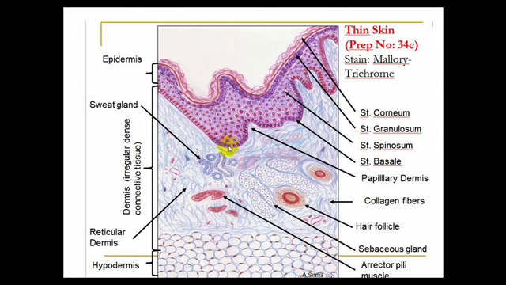This layer makes a strong interface between the epidermis and dermis by these papillae. These are called dermal papillae, like this and this and this, and these are epidermal papillae.